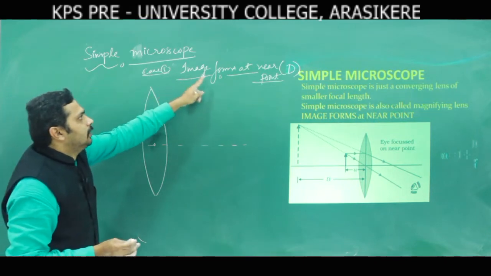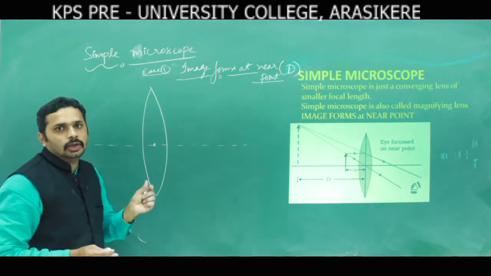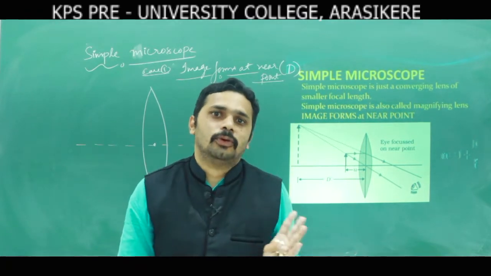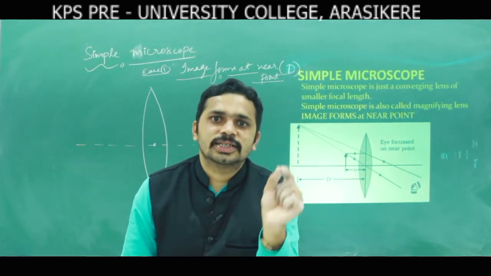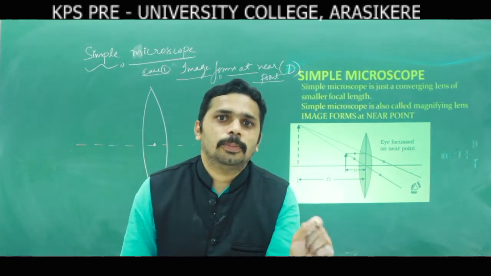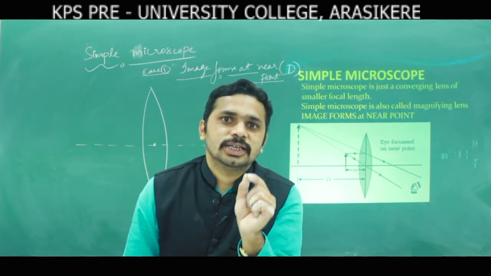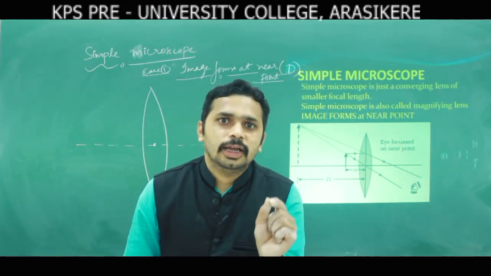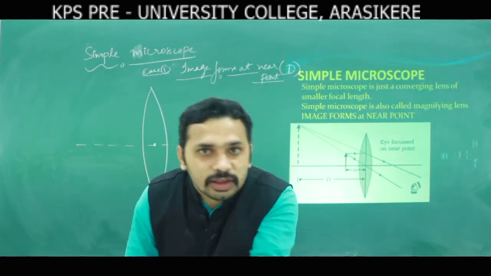To get the image at the near point, you have to place the object within the focus. This is very, very important. That is, the object distance is less than the focal length. Got it? So you have to place the object within the focus.